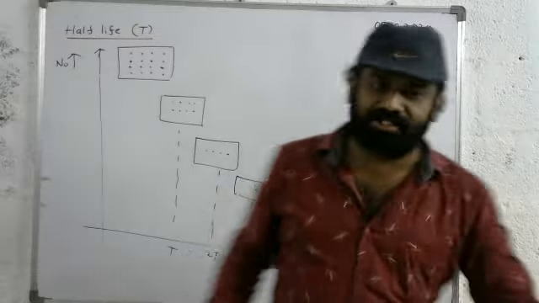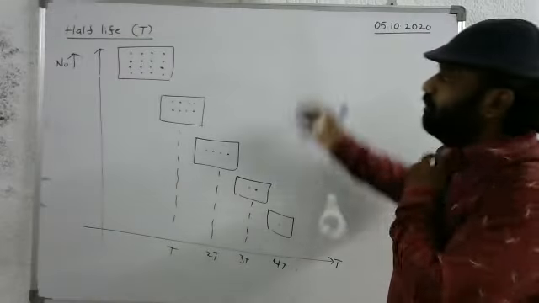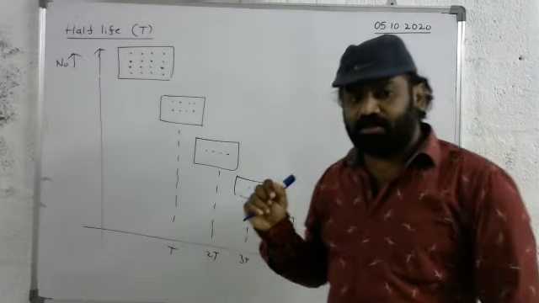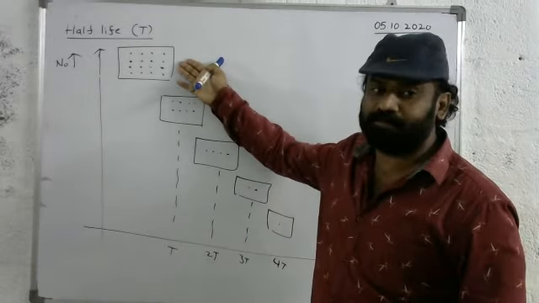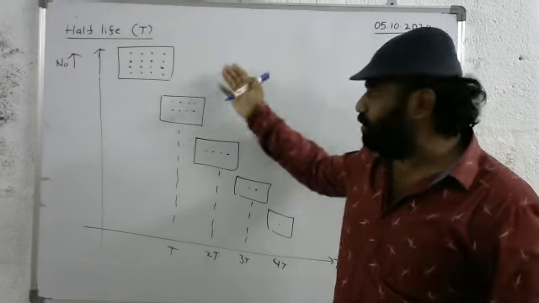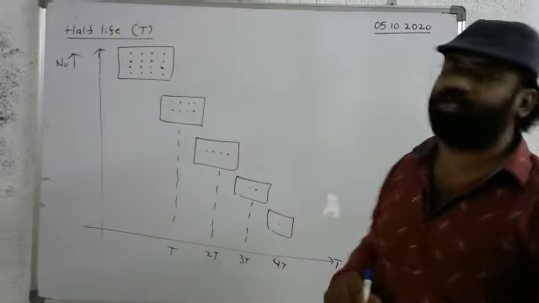Thus, we can define half-life as the time required for the number of radioactive nuclei of a radioactive substance to disintegrate to half of its original number of nuclei.